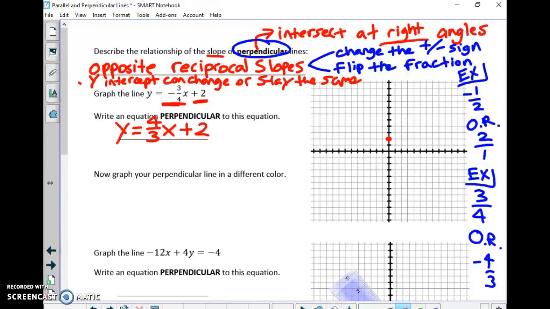And then my original slope is negative 3 over 4. So if you remember Mrs. Marrero's song, Rise Over Run, we need to rise over run. So negative 3 over 4, how much do I rise if it's negative 3? Up or down? Down 3. Let's do that. From my y-intercept, I go down 1, 2, 3, and then I'm going to run 4. 1, 2, 3, 4. Put a point there.